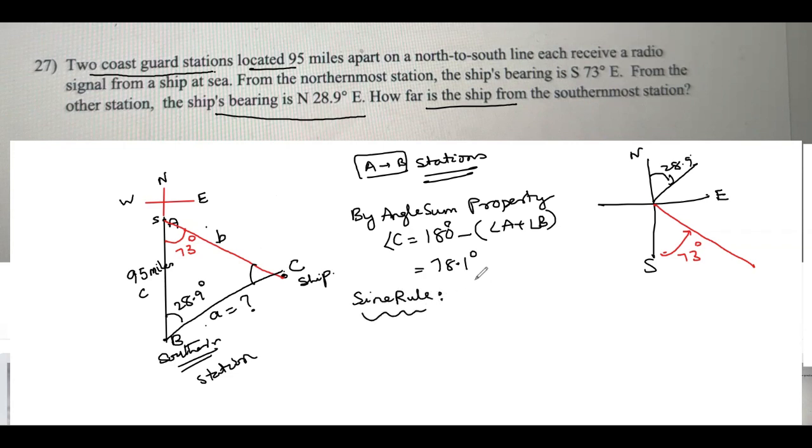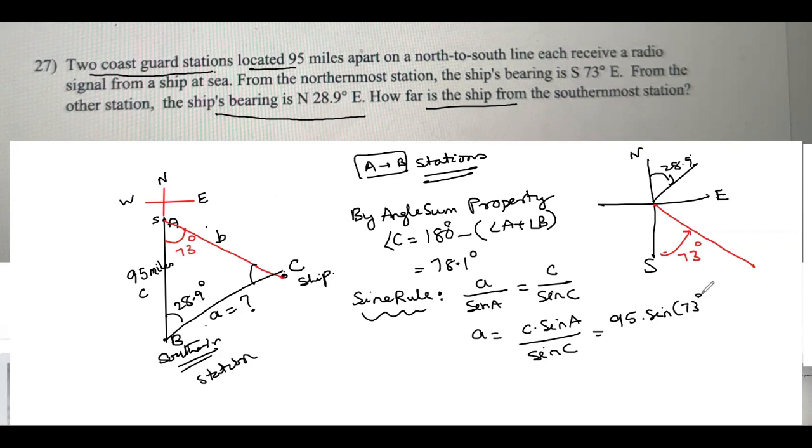We apply the sine rule: a by sine A is equal to c by sine C. So small a is equal to small c into sine A divided by sine C. Small c is 95 miles. Then sine A is sine of 73 degrees divided by sine of C, and angle C is 78.1 degrees.